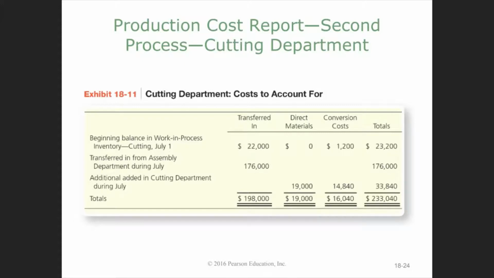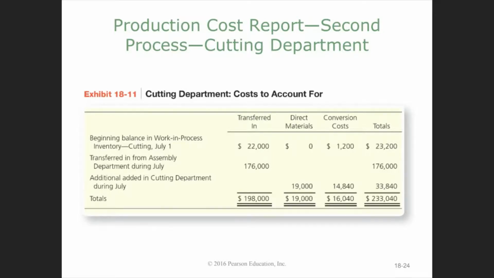So then here we're looking at, we've got our transferred in, our direct materials, and our conversion cost. Beginning balance, transferred in, 22,000. And that was July 1st. And then during July, we transferred in 176,000. So now we have a total of 198,000.